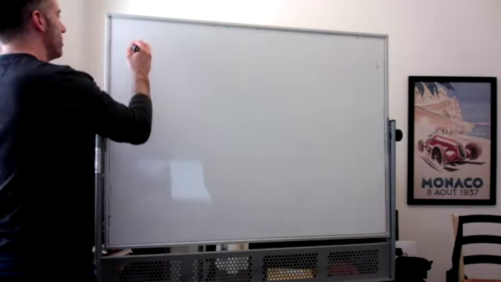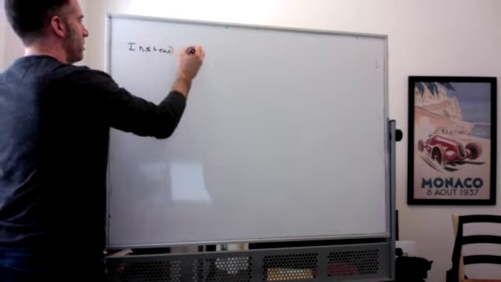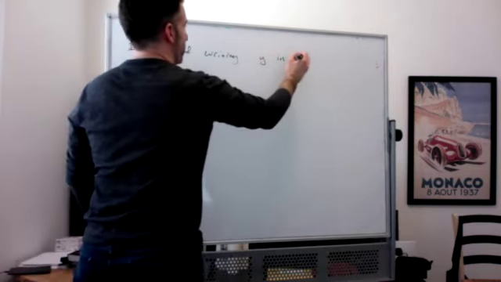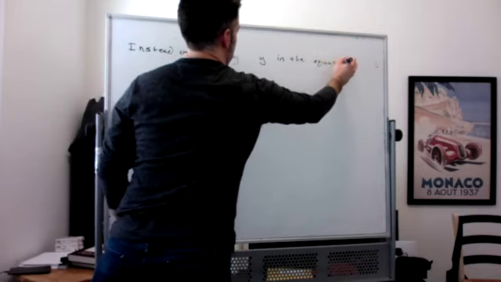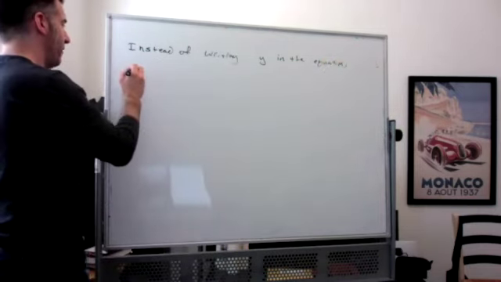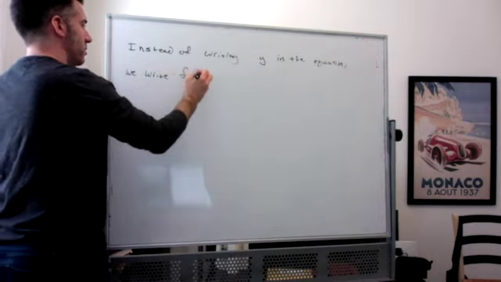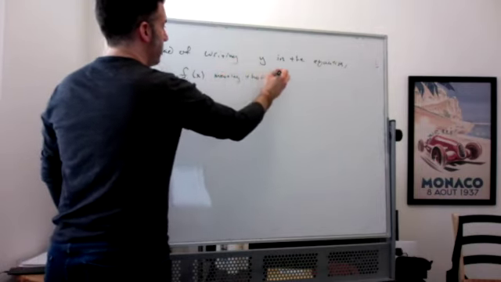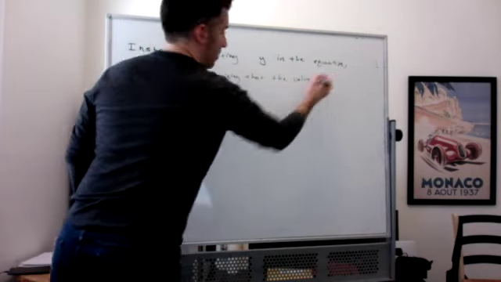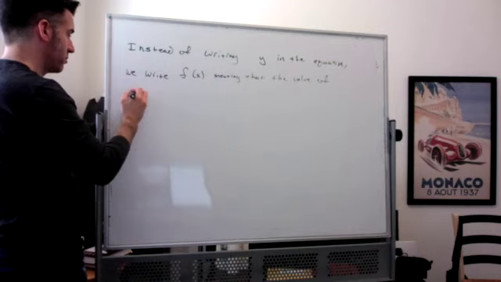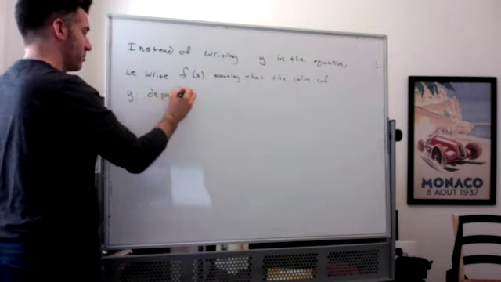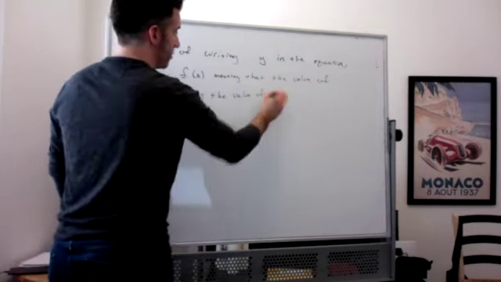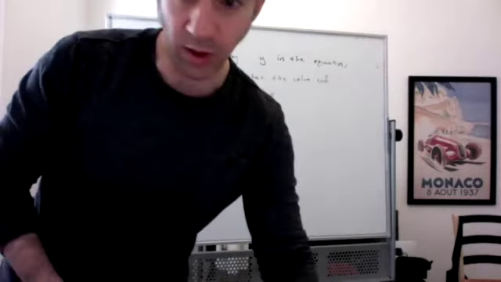So instead of writing y equal to something, y in the equation, we often write f of x, meaning that the value of y depends on x, on the value of x. Or y is a function of x.